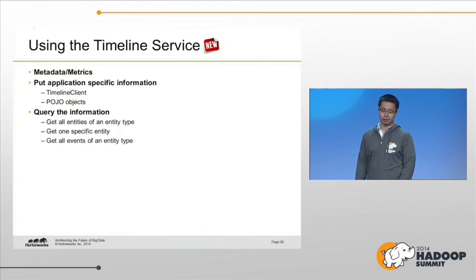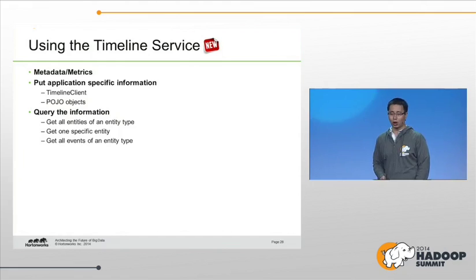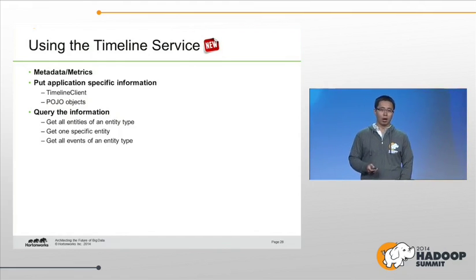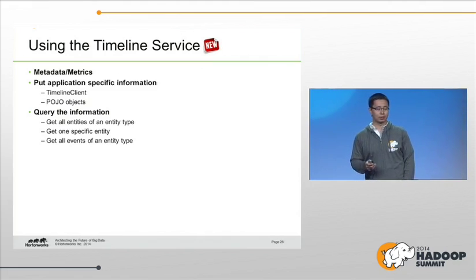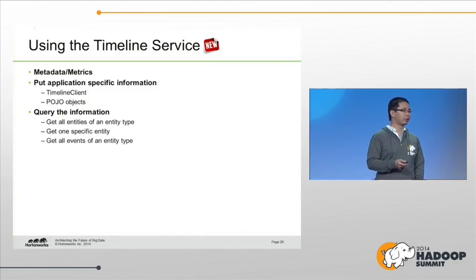So the next part is about the timeline service. As I just mentioned before, this part is newly brought to Yarn from 2.4. The reason why we would like to have the timeline service is because we would like the applications to record their important metrics and metadata, such that the clients, the users can come back later to analyze it to see whether the application is running well on the Yarn platform.